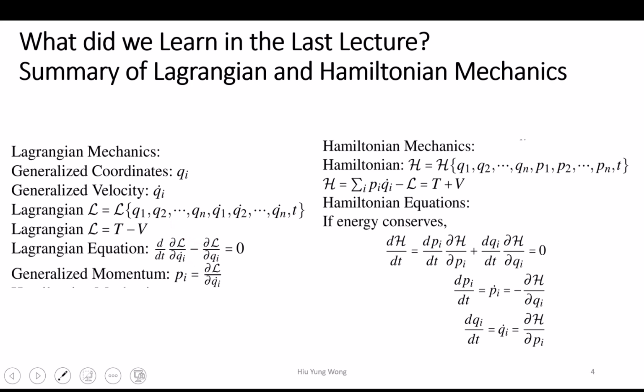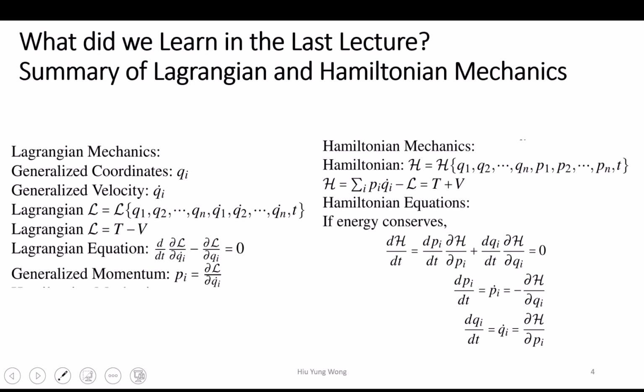For example, I want you to accept that we do have something called generalized coordinates, right? It's related to the coordinates we see in real space. And a generalized velocity. Later you will find that a generalized coordinate can be the phase of the Josephson junction, right? Generalized momentum can be the charge in your circuit, right?